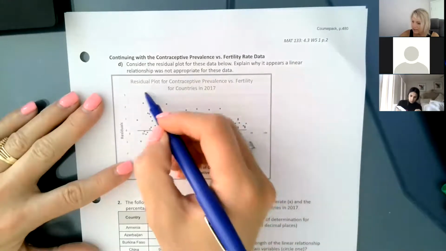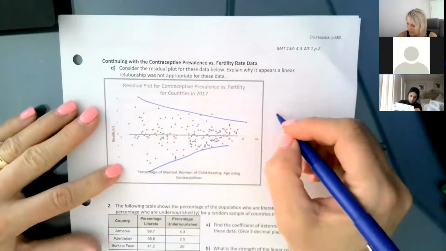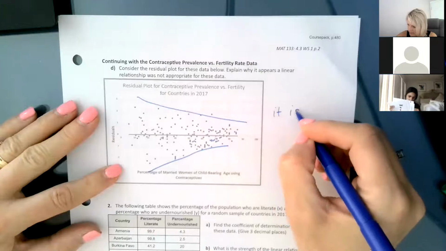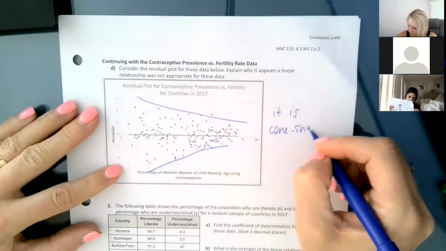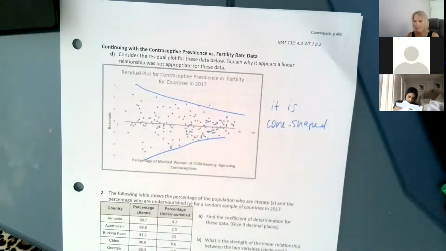Again, it looks cone-shaped. This is the one time in math where a shape is bad. We want it to be random and scattered on the residual plot. That's our goal. Any questions on that one?